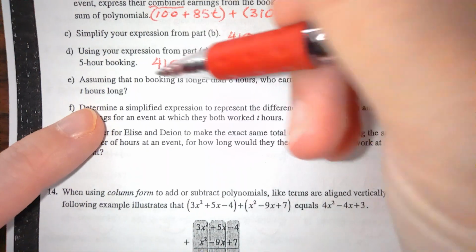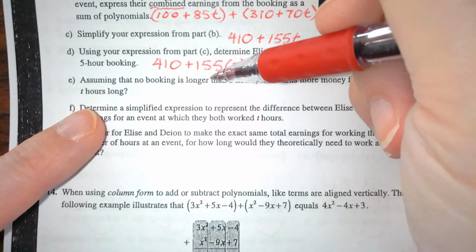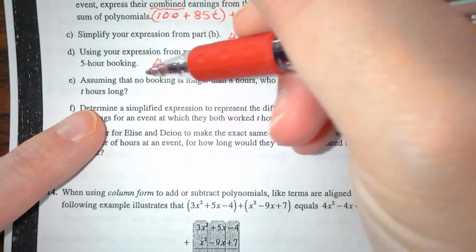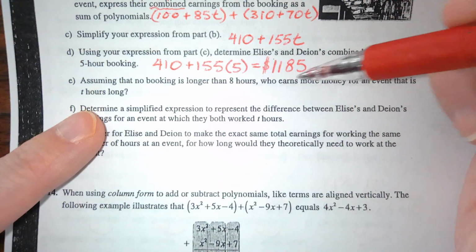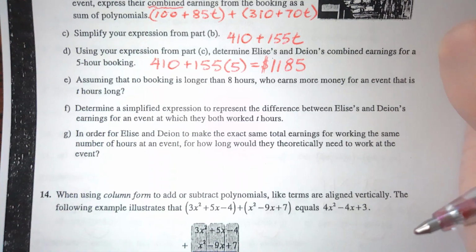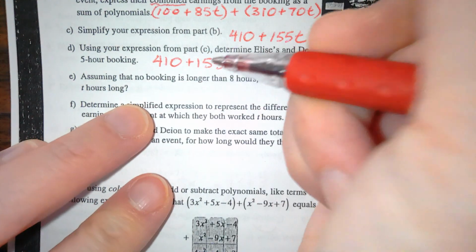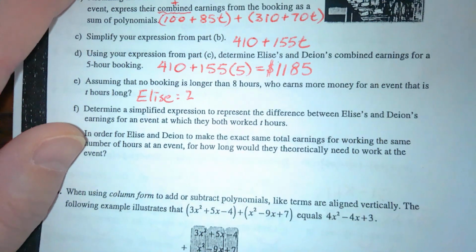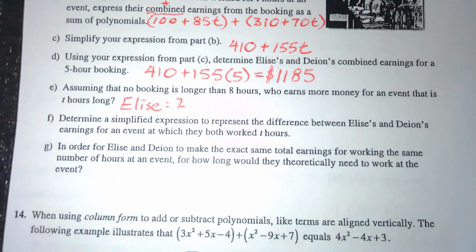Assume that no booking is longer than 8 hours. Who earns more money for an event that is 2 hours long? All right. So for Elise, it was 100 plus 85T.